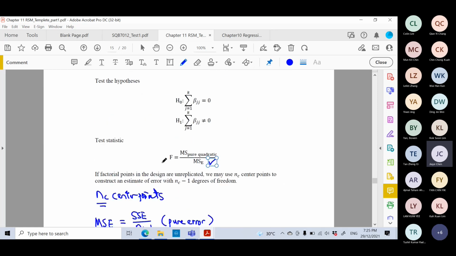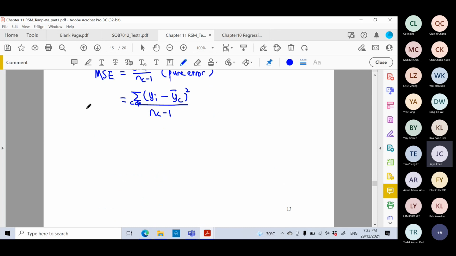We have H naught: the mean for the factorial points equals the mean for the center point, or the alternative hypothesis: the mean for the factorial points does not equal the mean for the center point. This is what we are going to test.